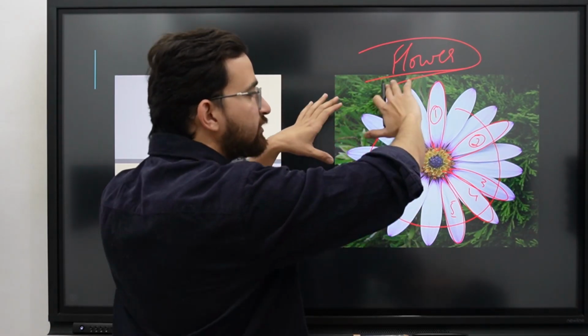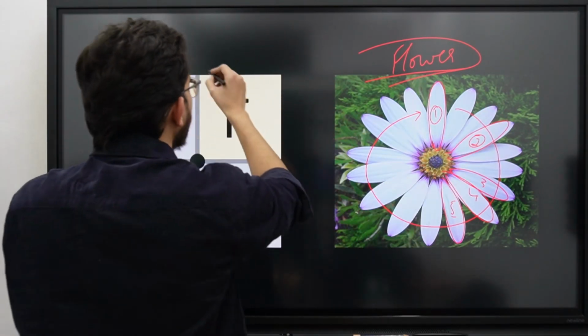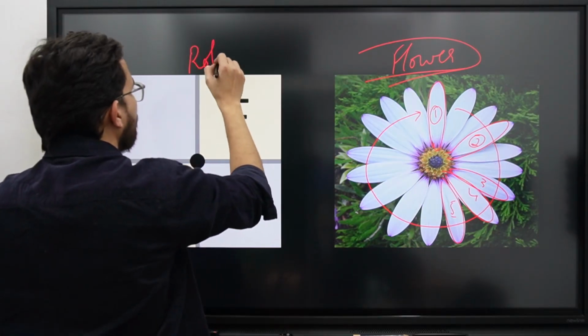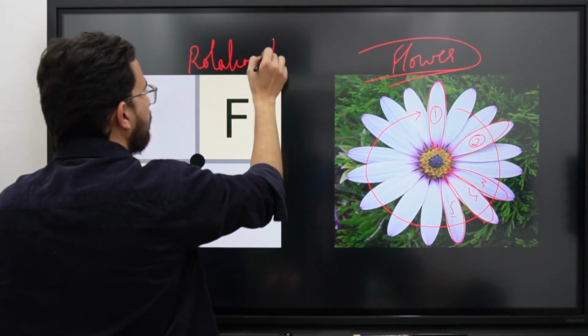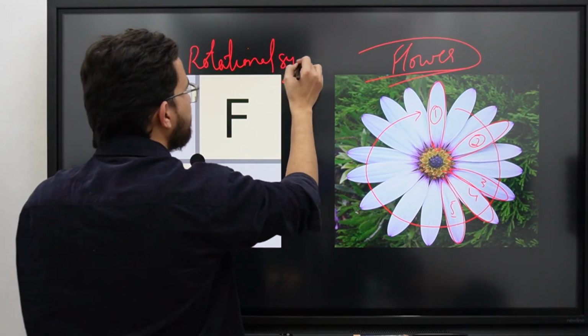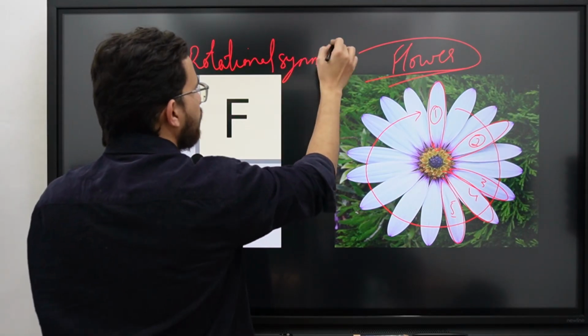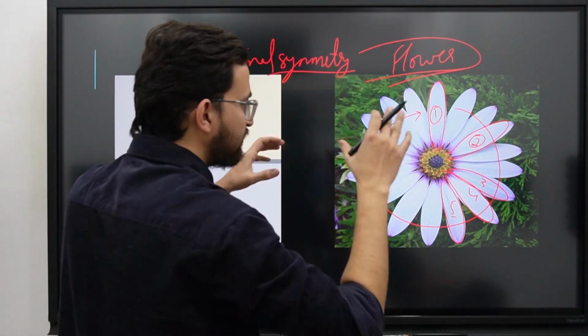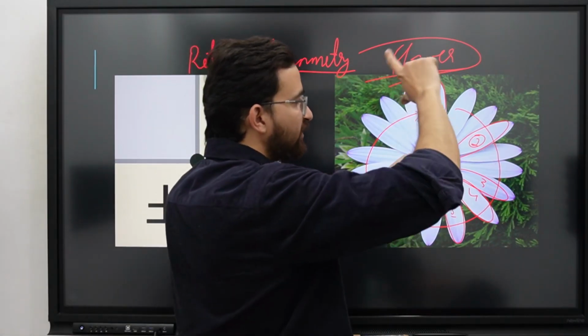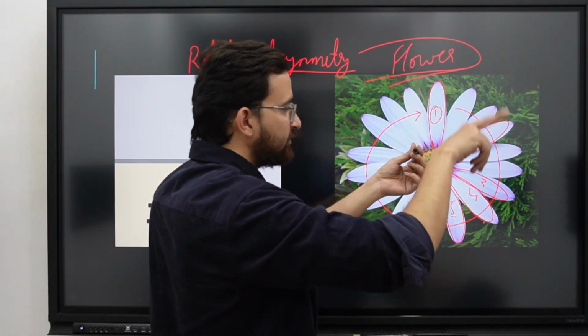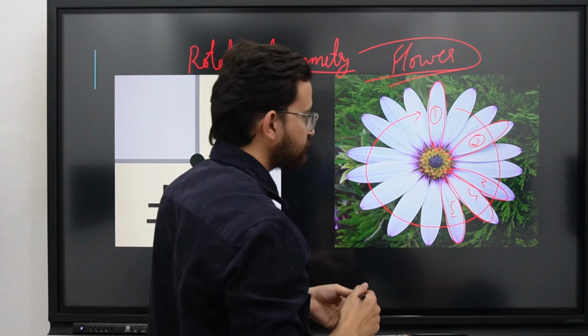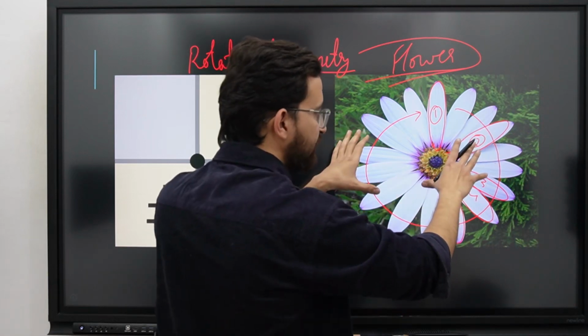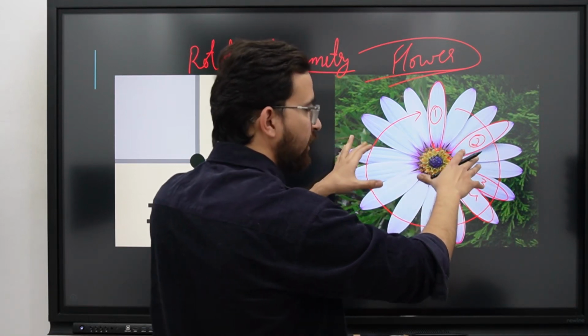And you can imagine, yes, there is some kind of rotational symmetry going on. Rotational symmetry means that there is some kind of axis along which this flower petal is rotating. We see these kinds of symmetry in our day-to-day lives.